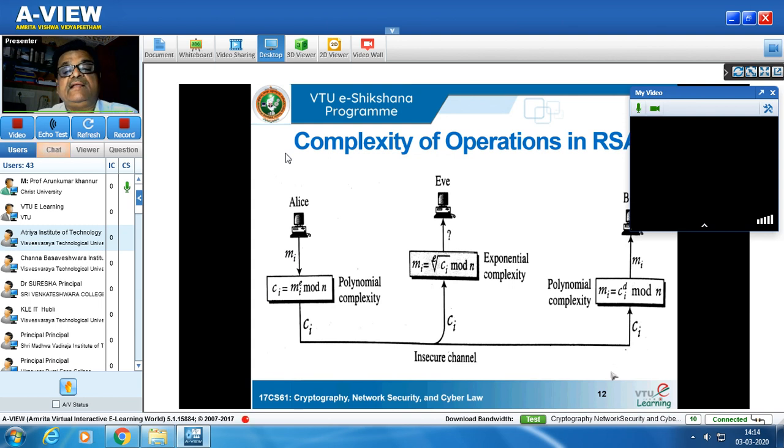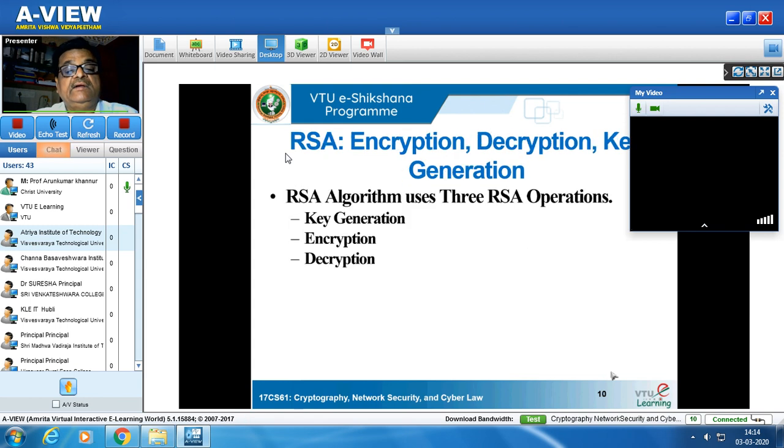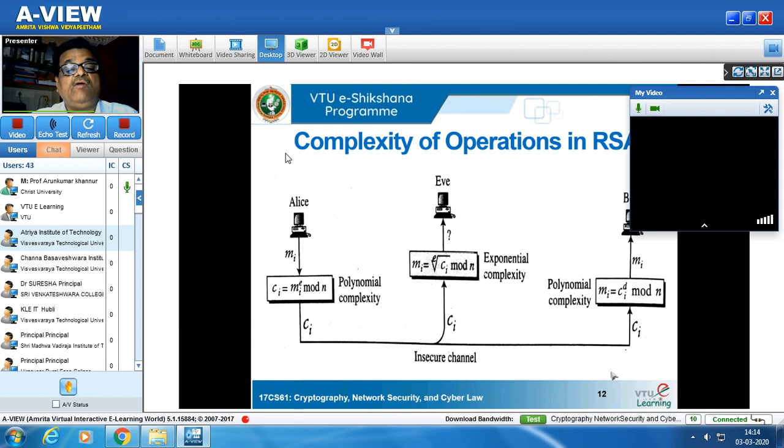The entire RSA makes use of complexity of operations. The operations which RSA uses in key generation, encryption and decryption are very complex in nature. If you look at it here, to arrive at the ciphertext, first there will be a plain text. Plain text is split into blocks M1, M2, M3, M4 up to Mi.